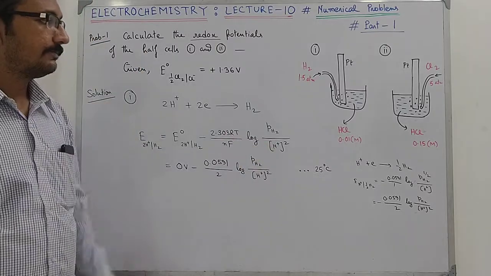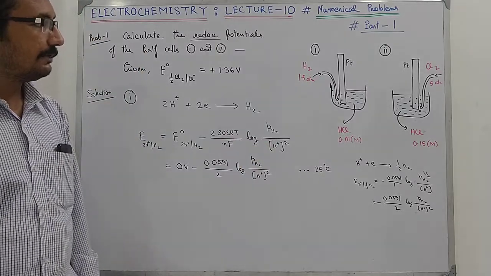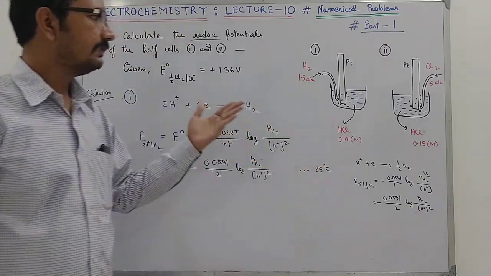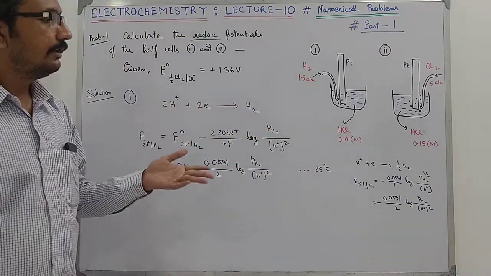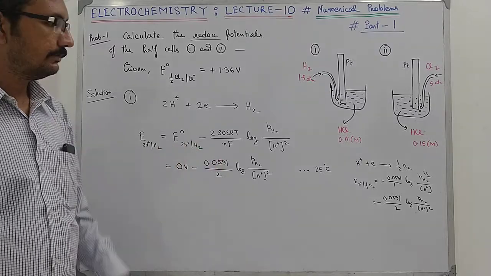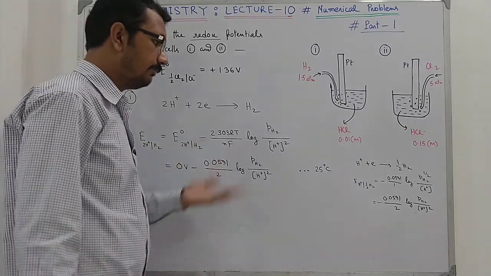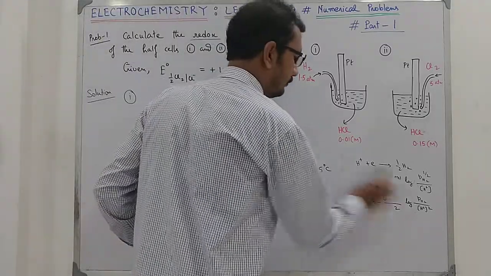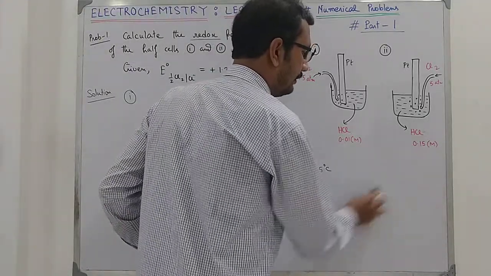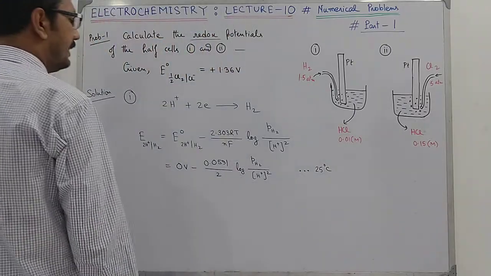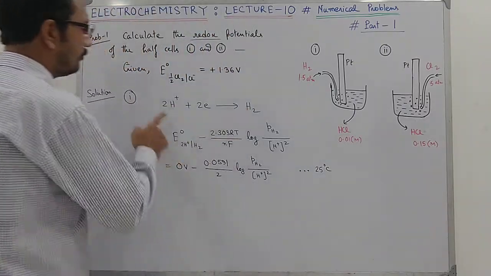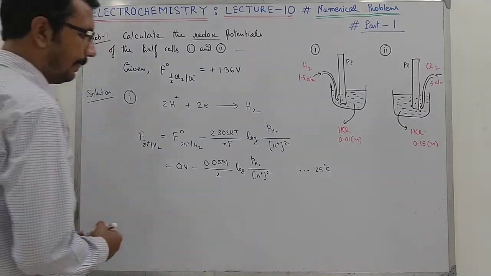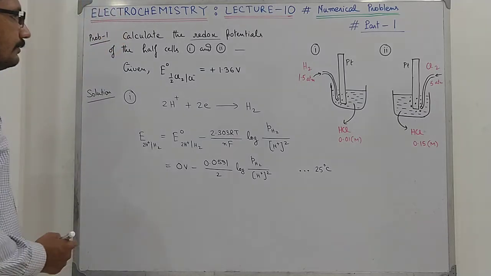EMF of a cell will depend on the nature of the electrode, nature of the solution, and temperature, but it will not depend on how you represent the reaction. So whether you write H plus plus electron arrow half H2 or 2H plus plus 2 electrons arrow H2, it will not make any difference.